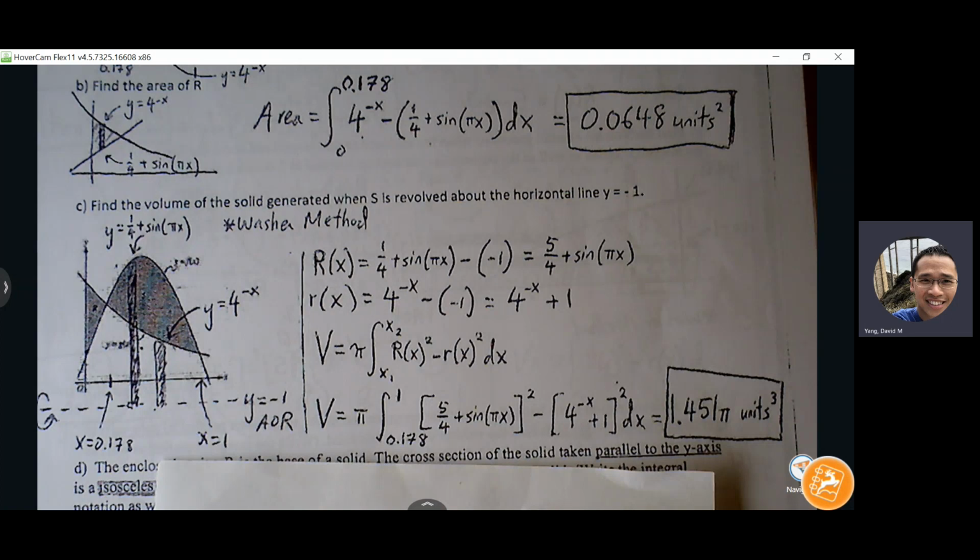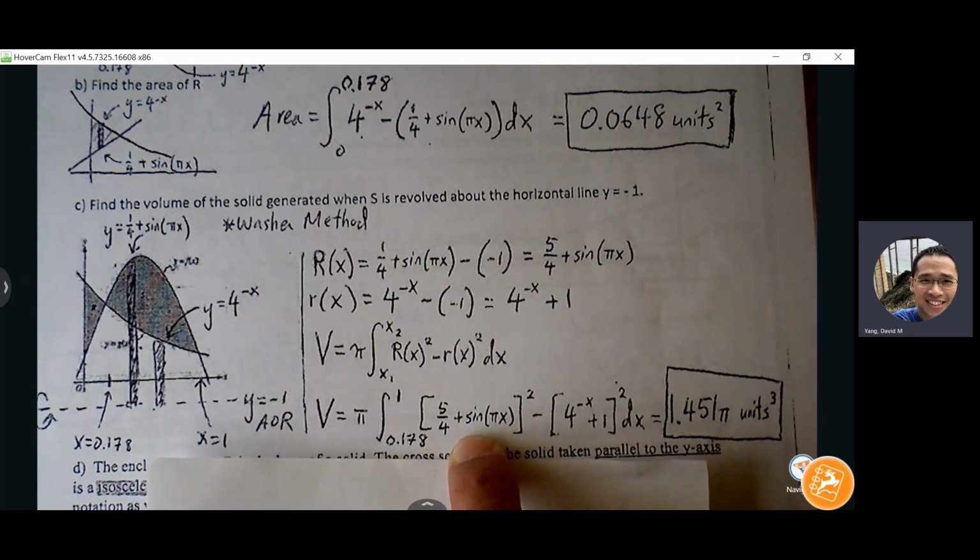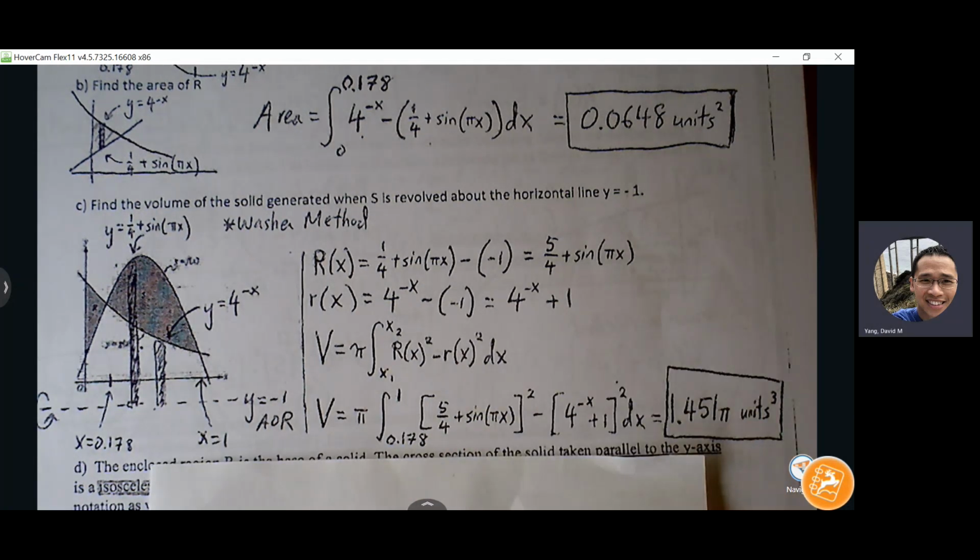And this is where I really like to use my y1 and y2. Because if I can go back and call this y1 and call this y2, then I can just go to my home screen and do math 9, an integral, and then I can just call my y1 and y2 without all these extra parentheses and brackets in the way.